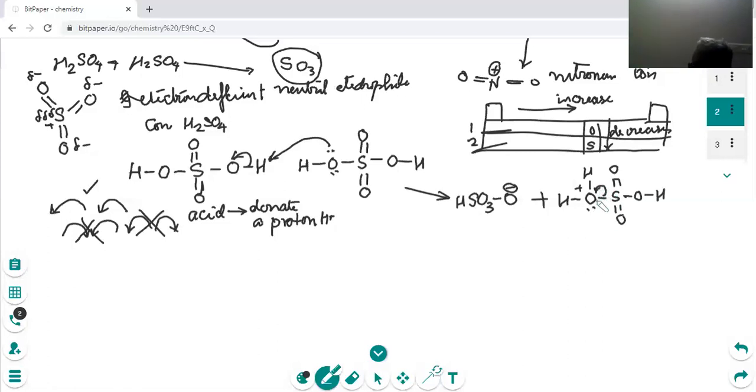And the result is that this will form water. Water is a very stable molecule, so it always has the tendency of forming stable molecules. Now what is the driving force of this? If this bond is getting broken, sulfur will lose a bond.